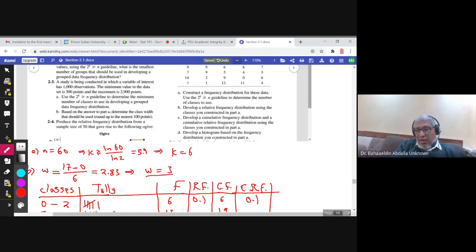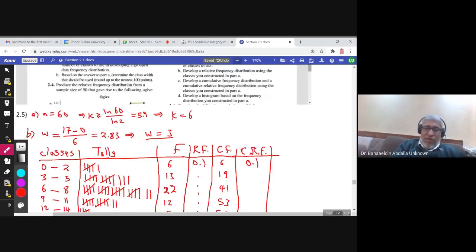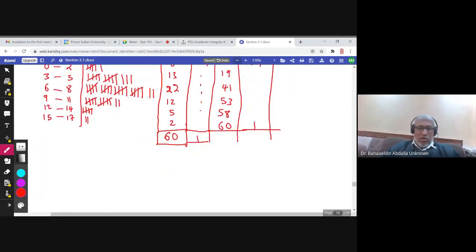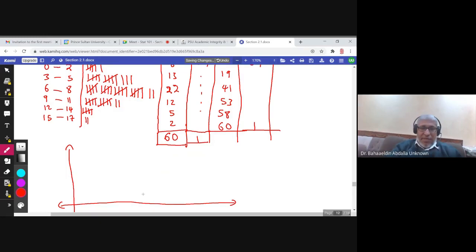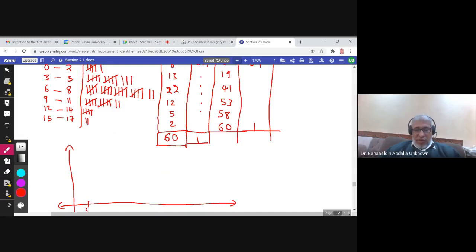Part D: develop a histogram based on the frequency distribution. So this should be the histogram. I put the classes on the x-axis. I can put the classes in different ways. I prefer this way: I will write 0 here to 3 here, so I will make the classes continuous.